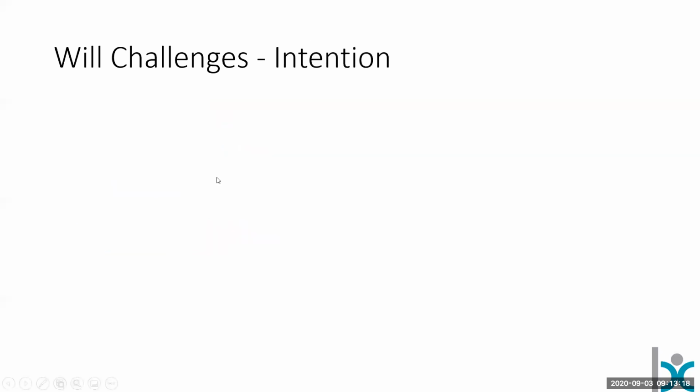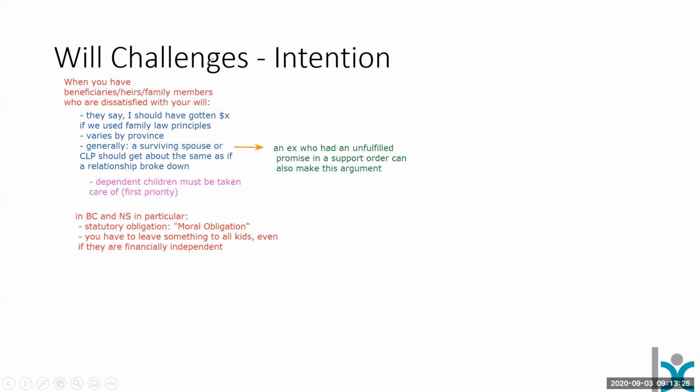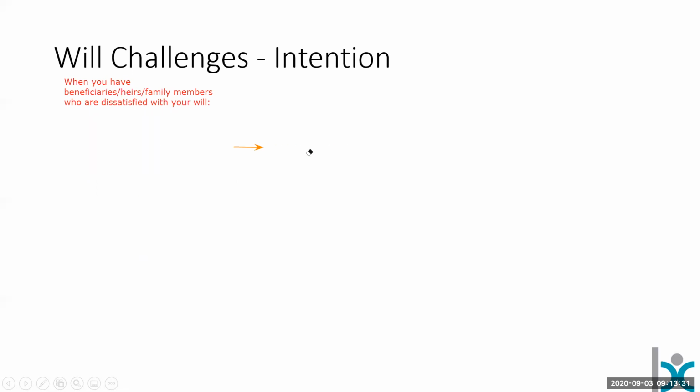Now I gotcha. All right, the next set of challenges that we can look at relates to the question of intention. And I already gave you an example of where intention is a problem. I have an old will that treats 3 kids equally, and then a newer will that only deals with 2 kids.